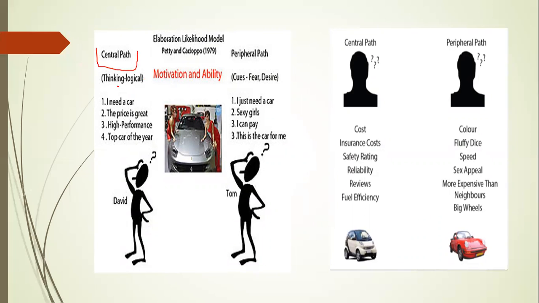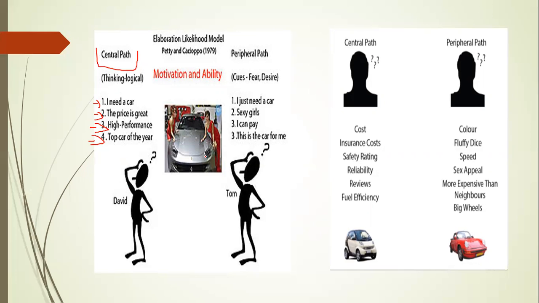First, I need a car. Second, I look into the price of the product, and the price is great. Then obviously everyone looks for the performance of the vehicle, that is high performance. And the fourth option is top car of the year. This is how the central path is evaluated.